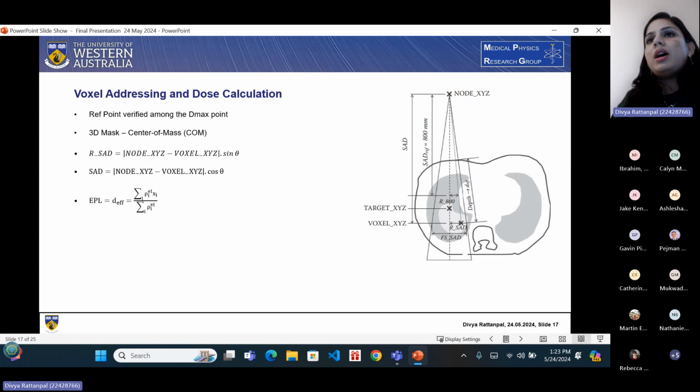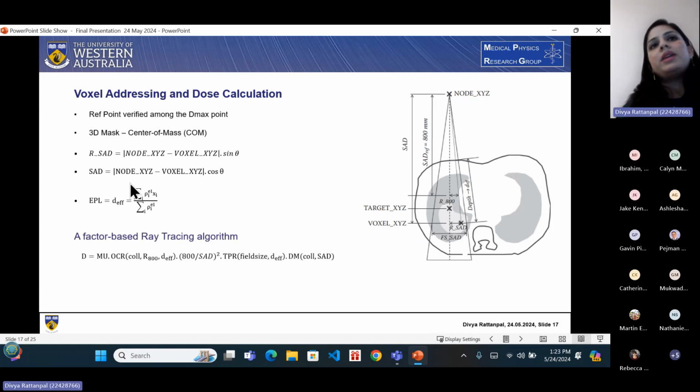Using analytical geometry and relating the general reference conditions to the actual conditions, the beam geometry is used to calculate the off-axis radius, source to axis distance, and effective path length by tracing a voxel from the source to the calculation point and skipping 4 voxels. Once we have all the parameters, a factor-based ray tracing algorithm is used to calculate the dose.